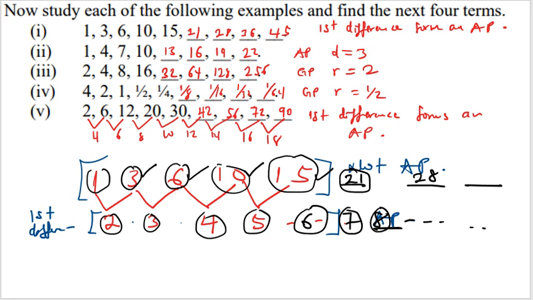Then I'll also pick 8, add to 28, then I'll get 36. So and so on. It means that the next value is going to be add 9 to 36. Then you will get 45 and so on. So that is how come we got these values.